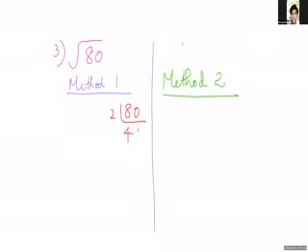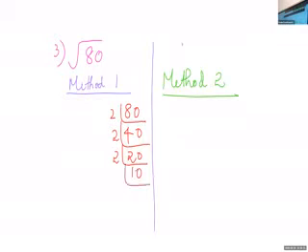Next? By 2. Then? 20. Yes. Good. Then by 2. 10. Now? By 2. Answer is 5. Again by 5. 1. Right?